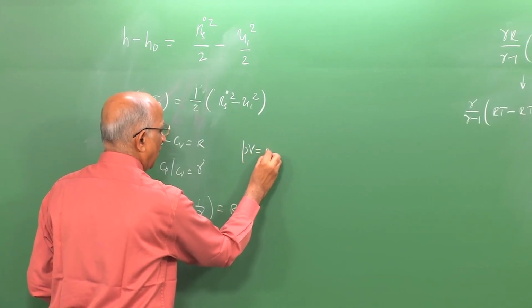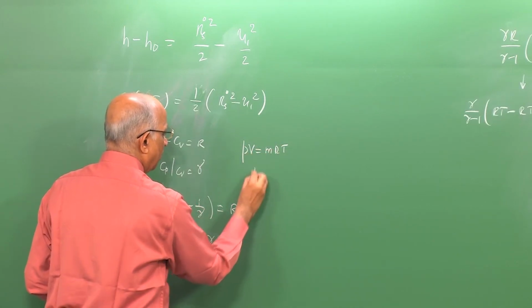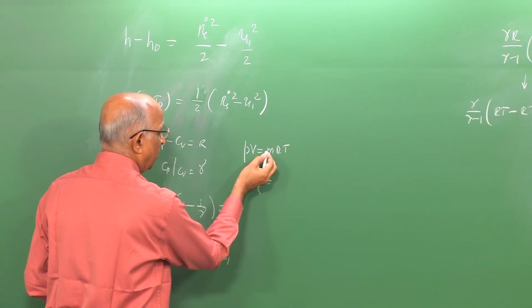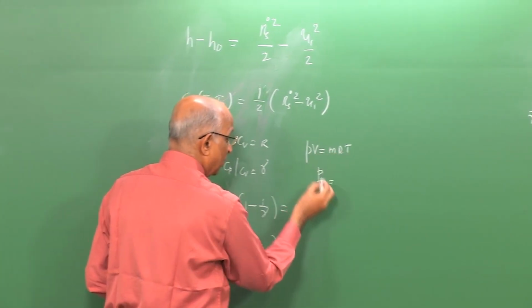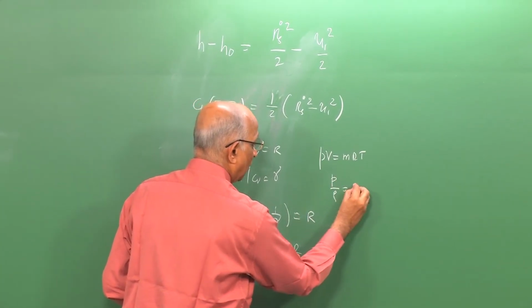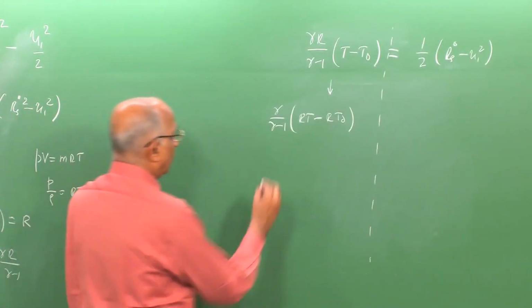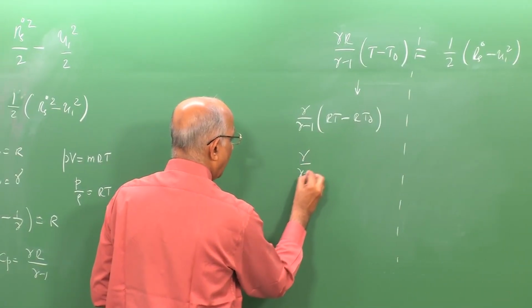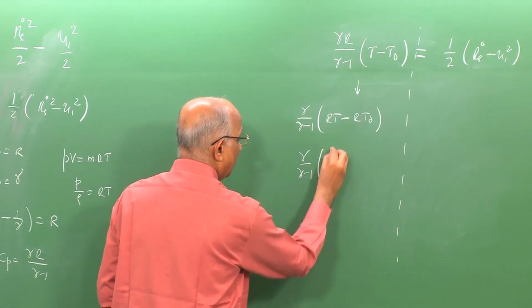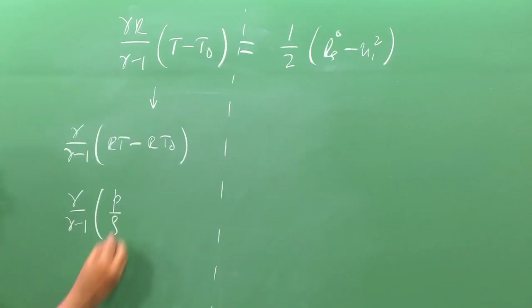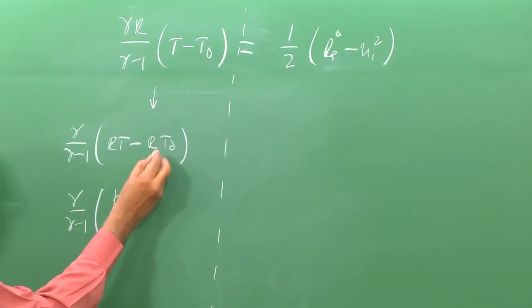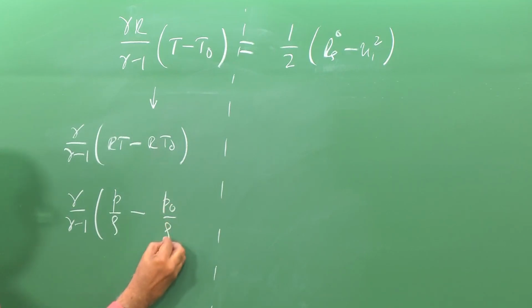PV is equal to MRT, or P by rho, since V by M is 1 over rho, P by rho is equal to RT, and therefore, this I can write as gamma by gamma minus 1 into P by rho minus P0 by rho 0. This is the shocked gas, I have the pressure and density given by this. This is the initial gas, RT0 is P0 by rho 0, and this becomes my left hand side.